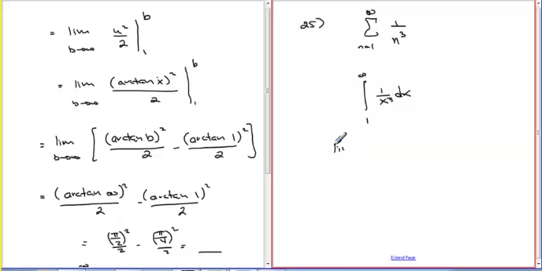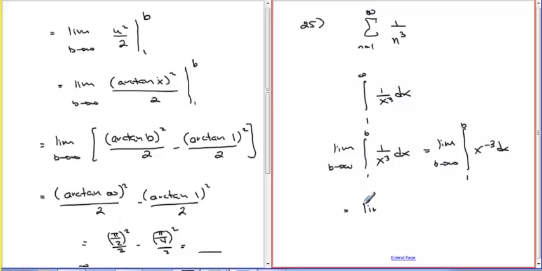So we take the limit as b goes to infinity of the integral from 1 to b of the same function, which is the same as the integral of x to the minus 3 dx from 1 to b. And when you integrate that, you get x to the minus 2 divided by negative 2, evaluated from 1 to b.